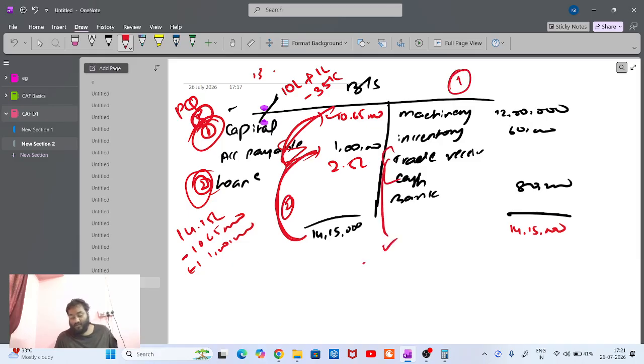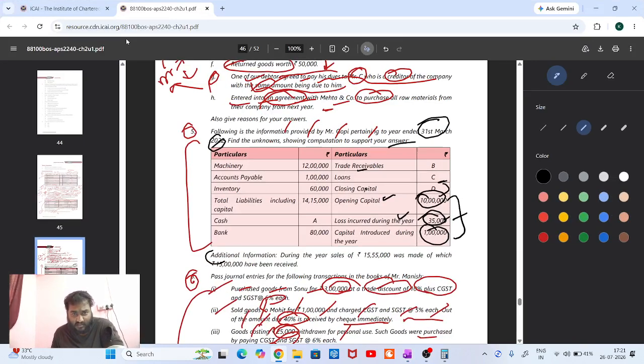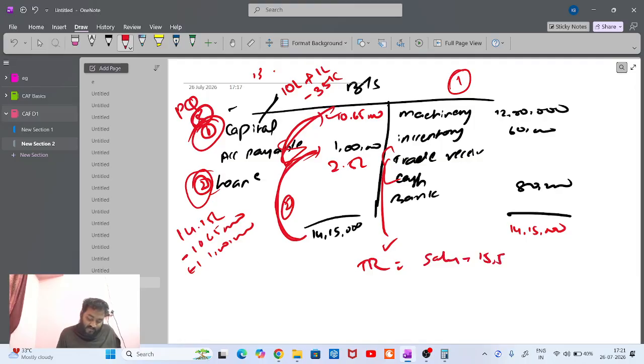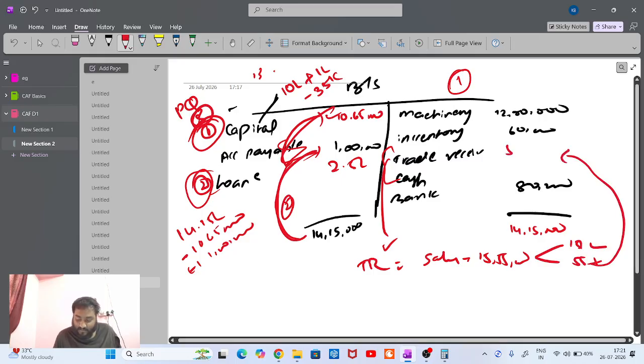How do we do it? Trade receivables: they have given us a clue. This is the Sherlock Holmes game. Sales equal 15 lakh 55,000, out of which 15 lakh was received and 55,000 not received, which is trade receivables.